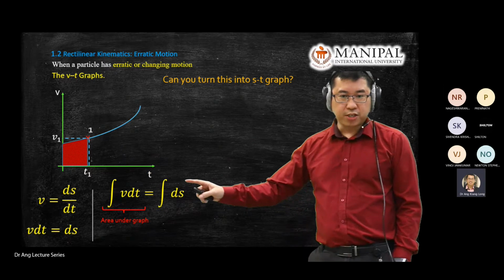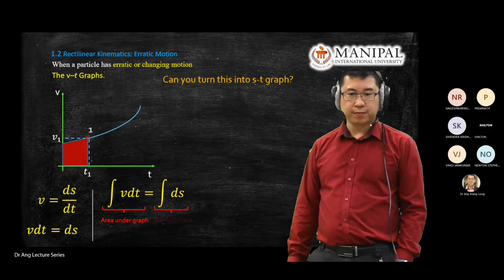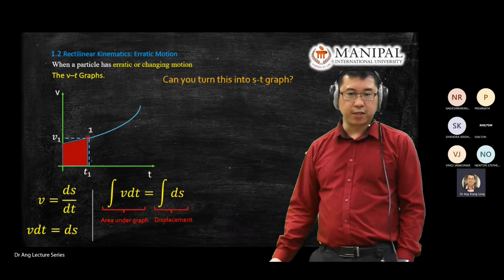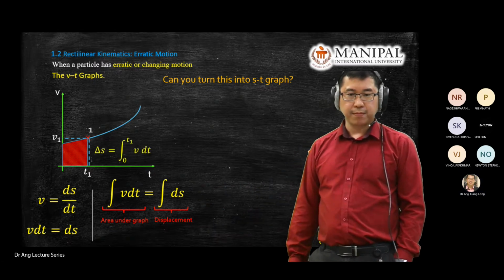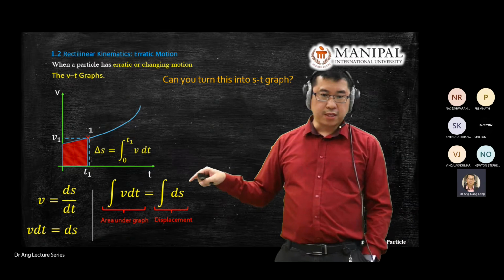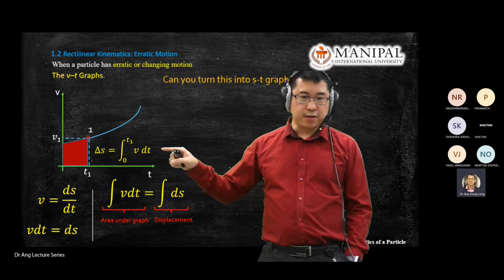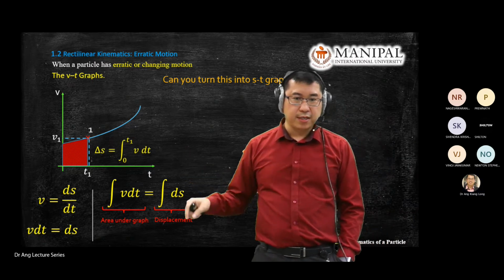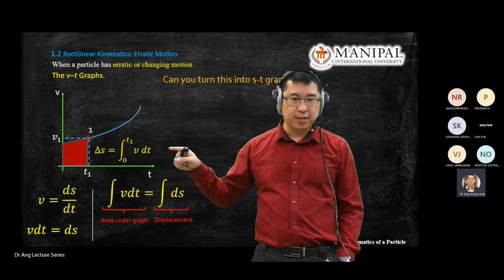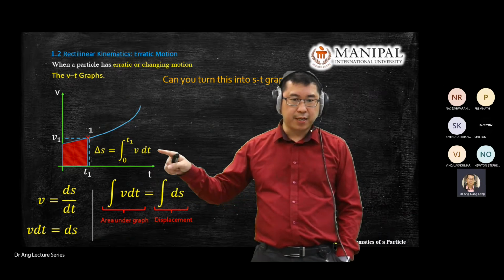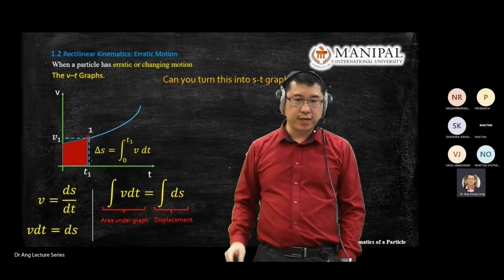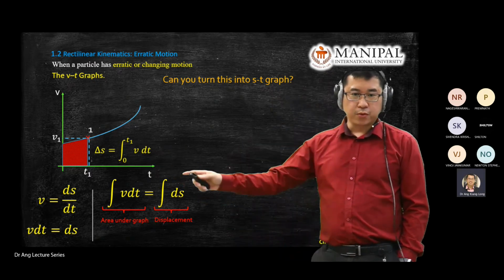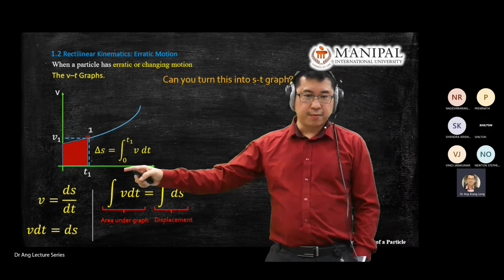And this side is the change of displacement, or change of position, which becomes displacement. So this integration arrives at this one. This one becomes delta S. This one will become this one. Start from initial to 0.1. You get your answer of ds at 0.1.